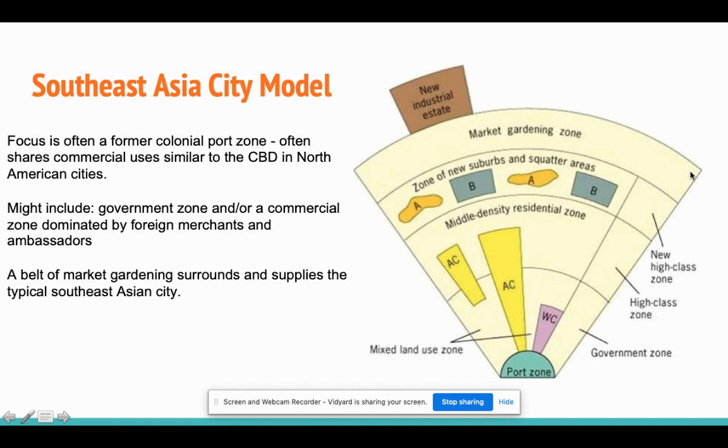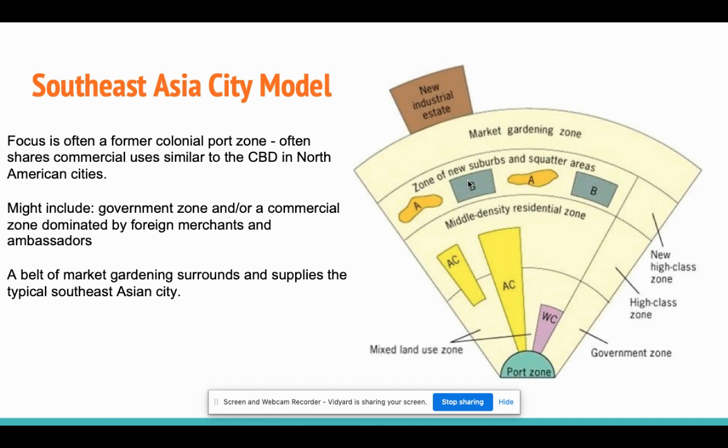So those people that are growing fruits and vegetables, trying to provide food for the city, are going to be on this belt outside. Now, right here, we see zones of suburbs and squatter areas. These squatter areas, marked here with the letter A, are the shanty towns, the slums, and then the suburbs are the more middle class area. So definitely a different model here for a lot of Southeast Asian cities.